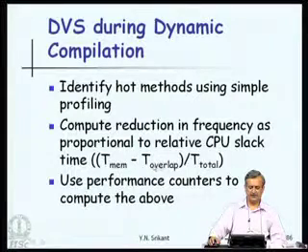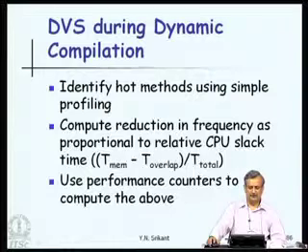So, T mem minus T overlap is proportional to the CPU slack, and divided by T total is really the ratio that is used as a measure of the slack of the CPU. So, this relative CPU slack time is used to compute the reduction in frequency.